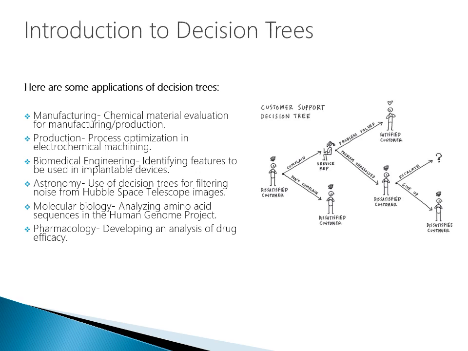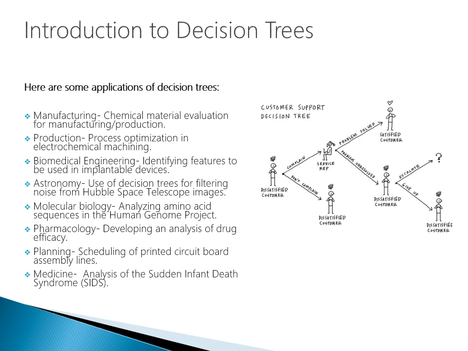Pharmacology has applications in the analysis of drug efficacy. Decision trees are also used in planning and scheduling of assembly lines. And finally, decision trees are used in medical applications, such as an analysis of sudden infant death syndrome, or SIDS. So decision trees are very useful and very broad, and they can cover pretty much any area where we have good, high-quality data available.